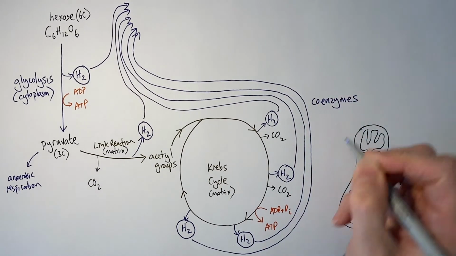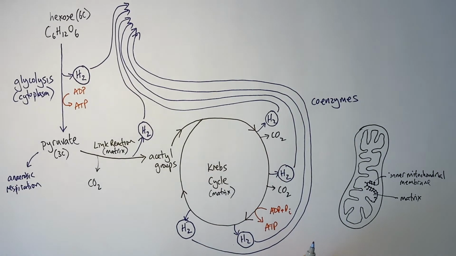If you remember from photosynthesis, coenzymes are molecules that are able to pick up small atoms, small chemical groups, and move them from one place to another.